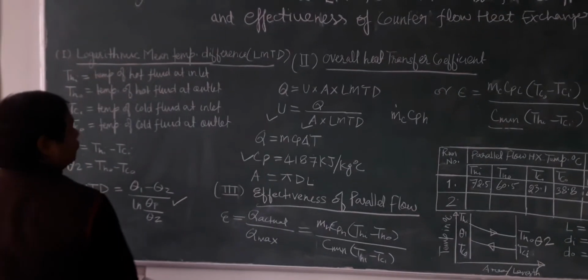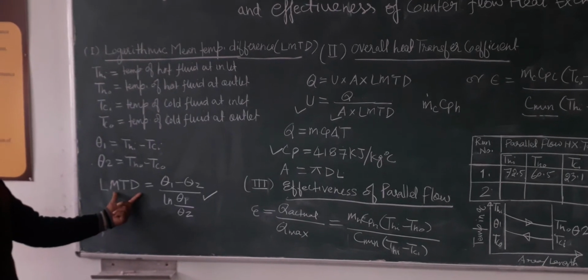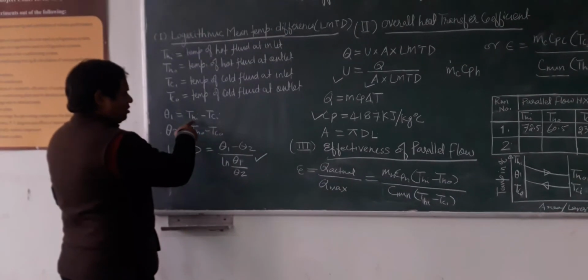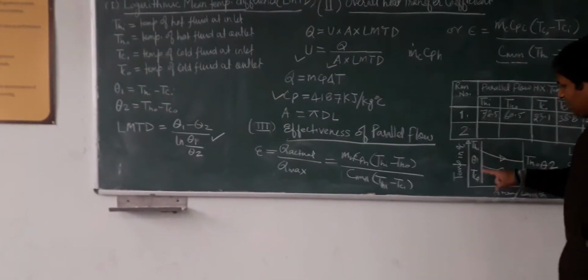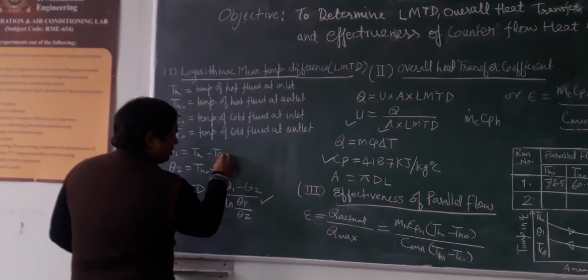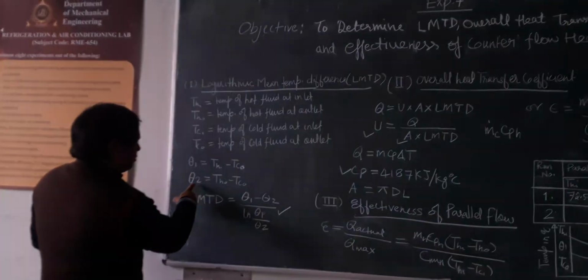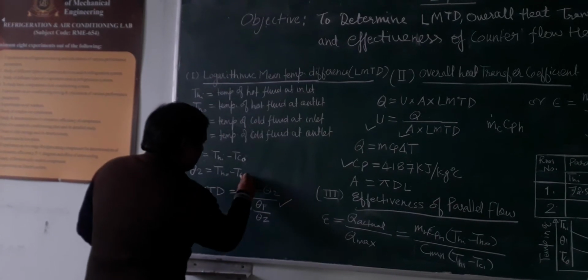Now first we will calculate the logarithmic mean temperature difference. The formula will be the same for both parallel and counter flow. Here theta 1 becomes THI minus TC naught, and theta 2 becomes TH naught minus TCI.